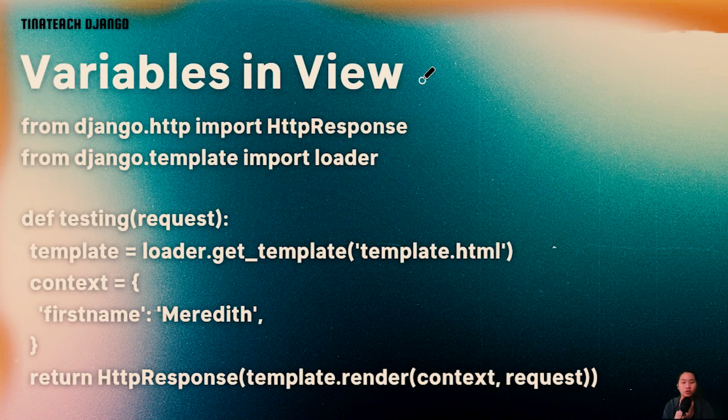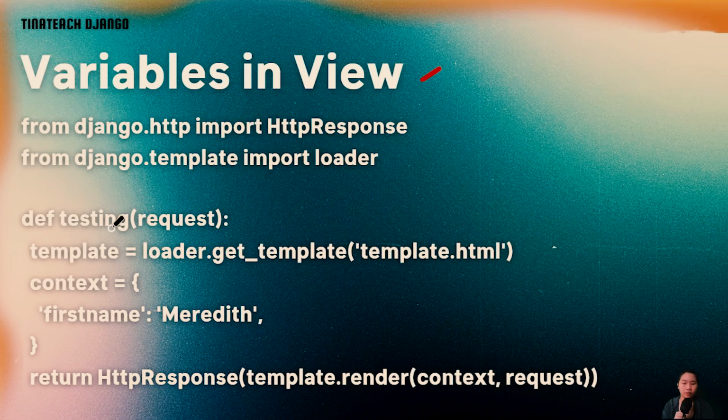Let's move on to view. So in the views.py file, this is what we have. And we're mainly working with testing, okay? Since we're doing an exploration on the syntax of Django, it doesn't warrant changing the main file, so we're just gonna do it in the testing file, okay?